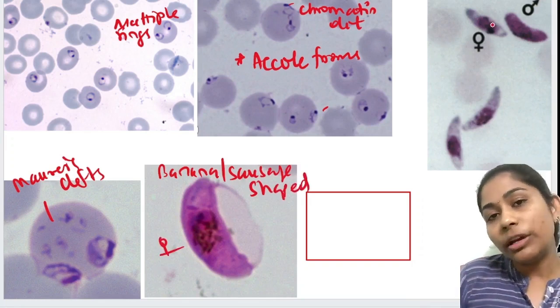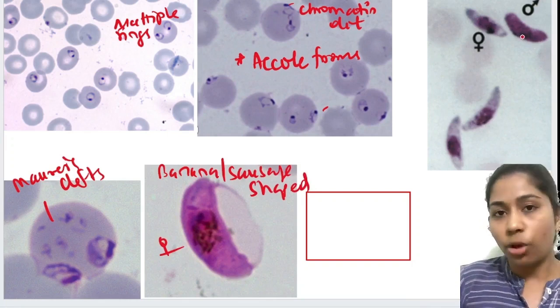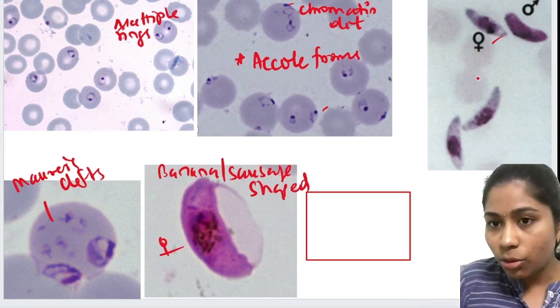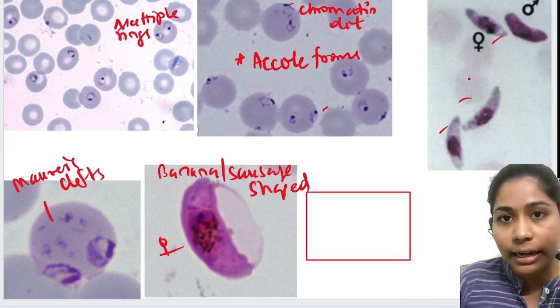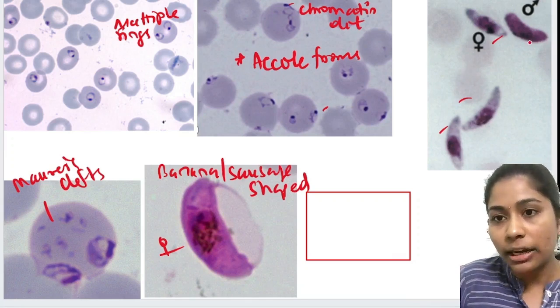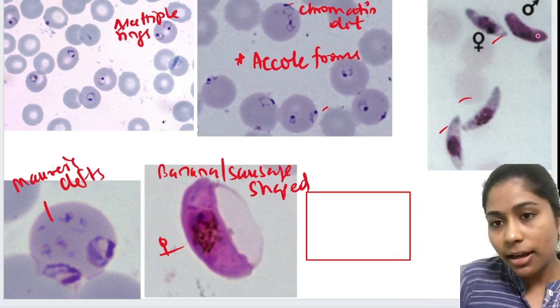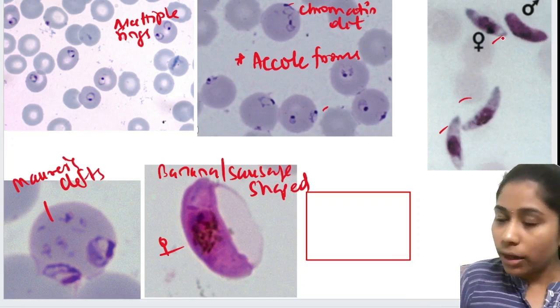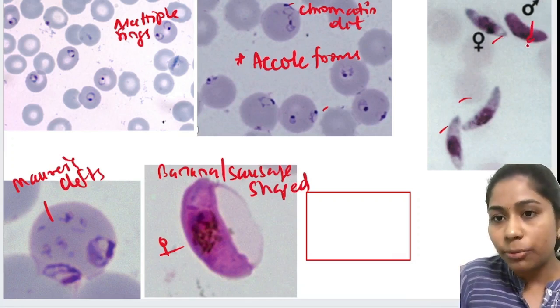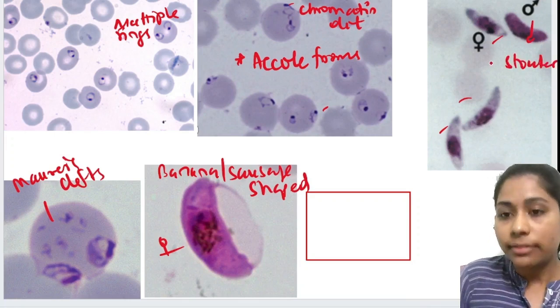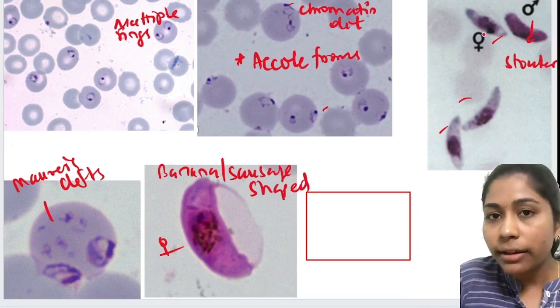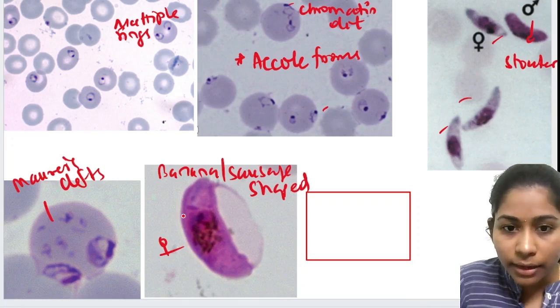See how you differentiate the male and female gametocytes. Both have the sausage shape, but these gametocytes are a little slender, lean and slender. This one is the male gametocyte, a little stouter. You can see the difference. Male gametocytes are stouter. In the females, the chromatin is condensed and clumped, present in the center.